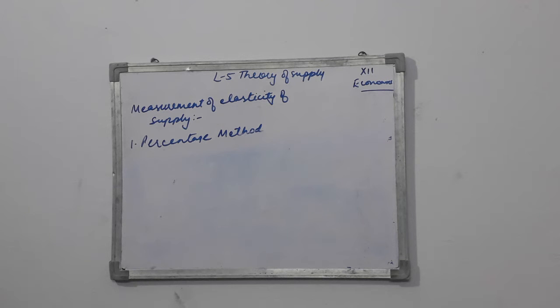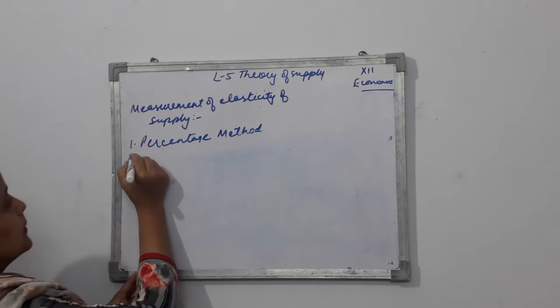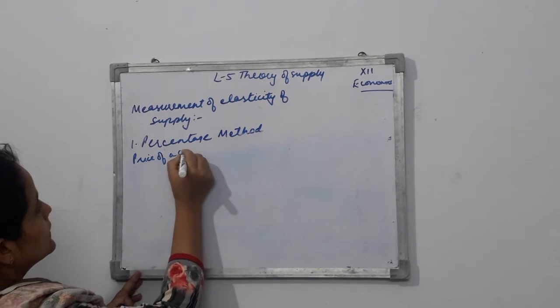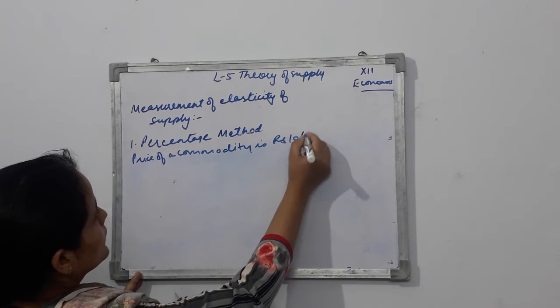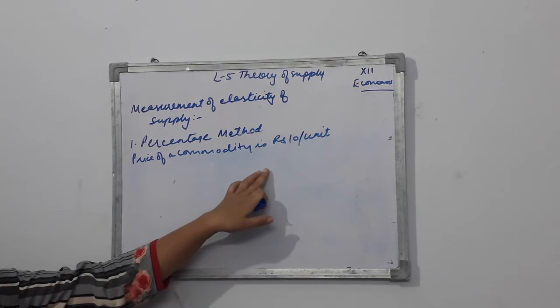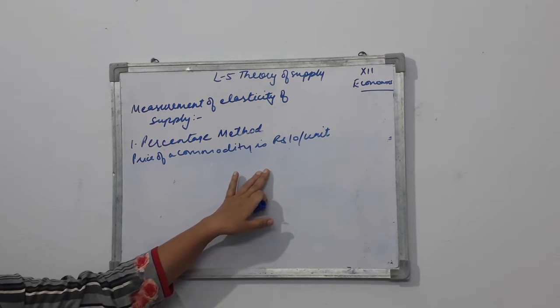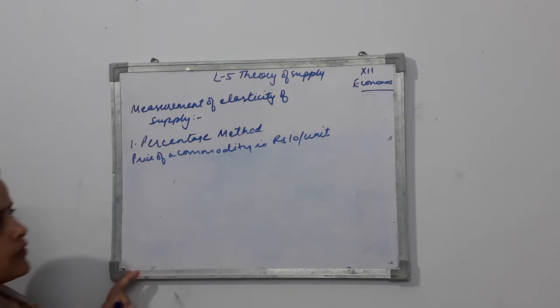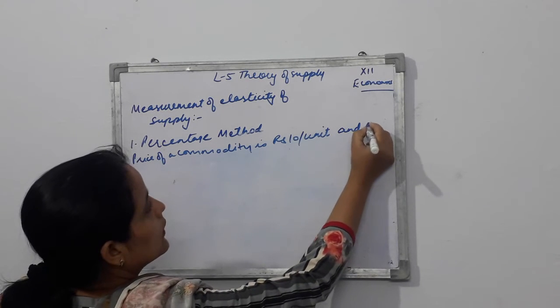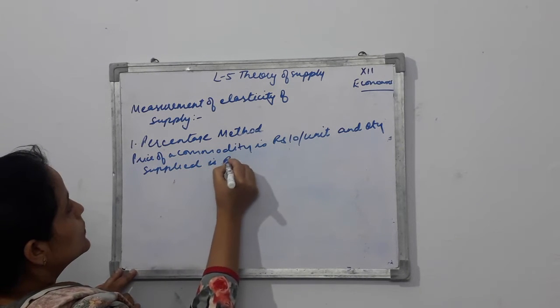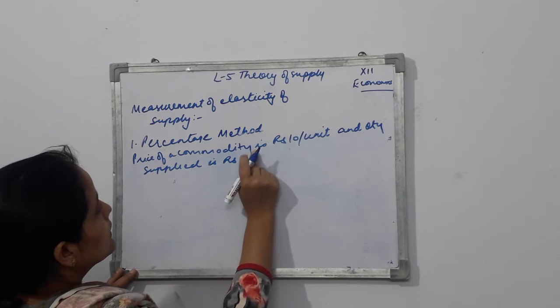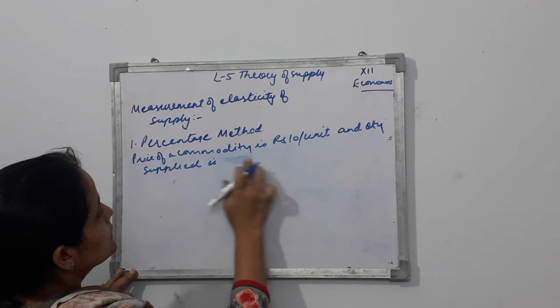Next, you can go for the second question. The price of a commodity is rupees 10 per unit, and its quantity supplied at this price is 500 units.